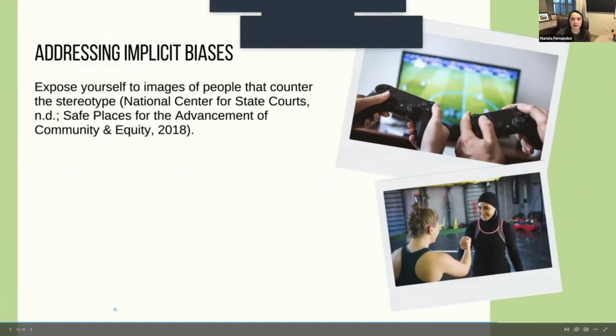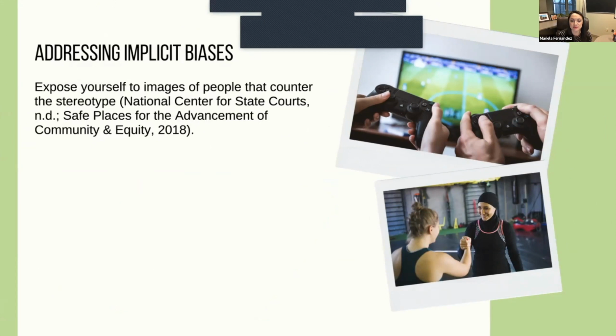Another neat thing that I've seen in the research is the use of video games. For example, we talked about the role of men and women and the biases there. Let's say, for example, me as a woman has bias against men. Well, if I were to play a video game, I might create an avatar, and the avatar would be a man.